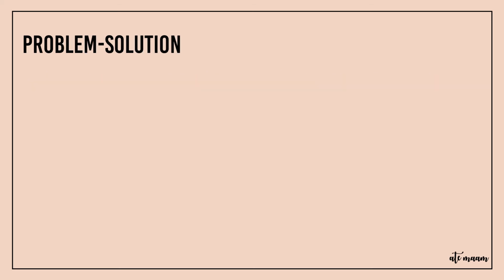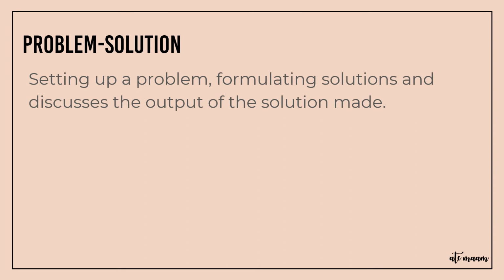Next is the problem and solution. This is setting up a problem, formulating solutions, and discussing the output of the solution made. This classification is very popular in making abstracts of your research paper. So you need to give the problem first, and then formulate the solution.